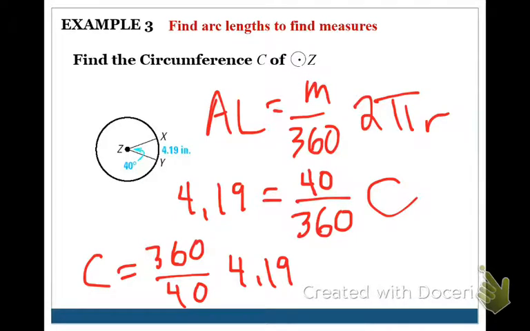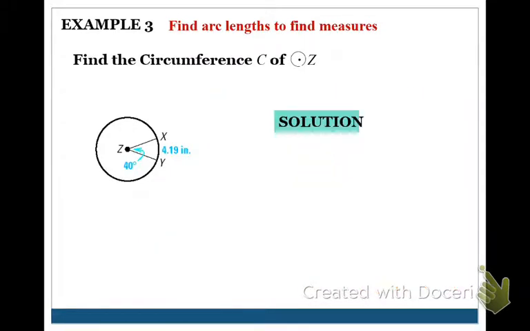To make that 1, so that's why I multiply by 360 over 40 times 4.19, and what do we get? 37.71, and that's inches. Inches. Okay, any questions? Okay. So the whole key is write the formula up front and then just plug in what you know.